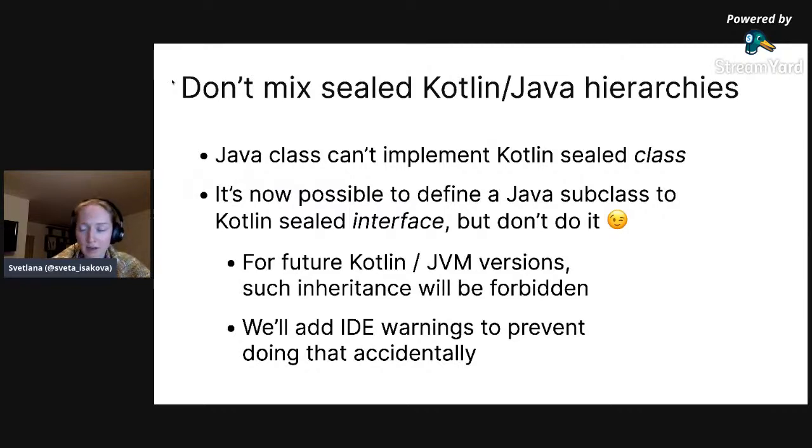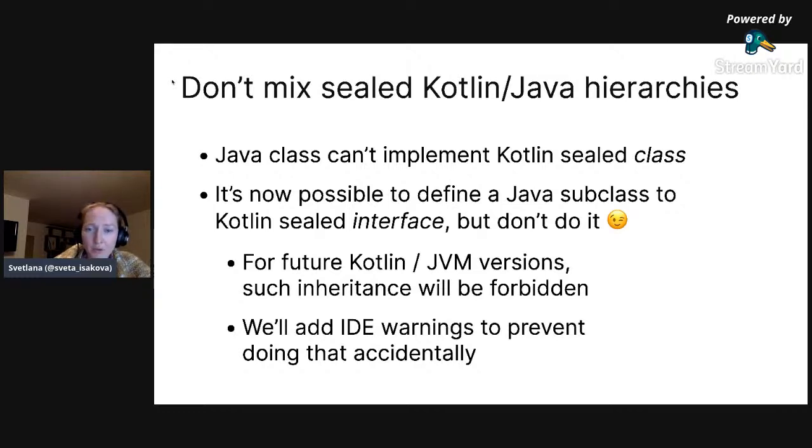One thing to add about mixed hierarchies and mixed projects: please don't define mixed Kotlin-Java sealed hierarchies. The Kotlin compiler won't know about Java subclasses. At the moment, a Java class can't implement a Kotlin sealed class, because if you try, you'll find out that it says the constructor is unavailable, something like this. So it can be enforced by the underlying bytecode implementation. However, it can't be enforced for interfaces.